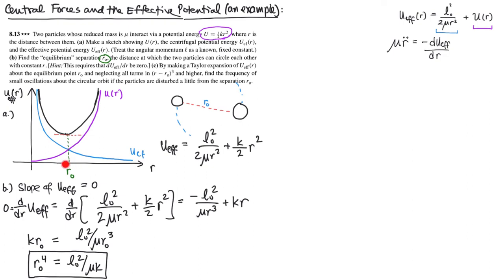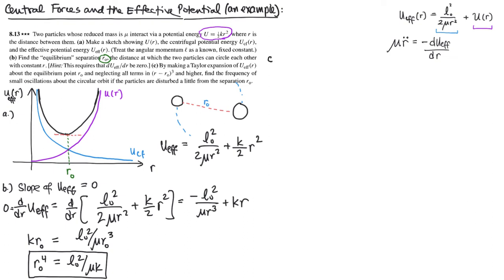And we want to know, what is the frequency of small oscillations about the circular orbit? Well, to do that, we can either look at the curvature U double prime in the vicinity of the equilibrium position, or we can look at this equation of motion and do Taylor expansions. So let's do both. We'll solve this problem two ways and compare our results.